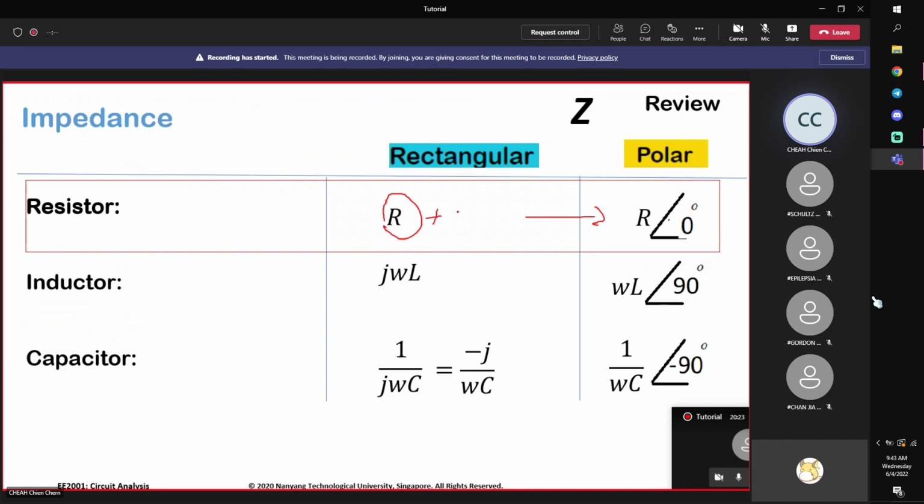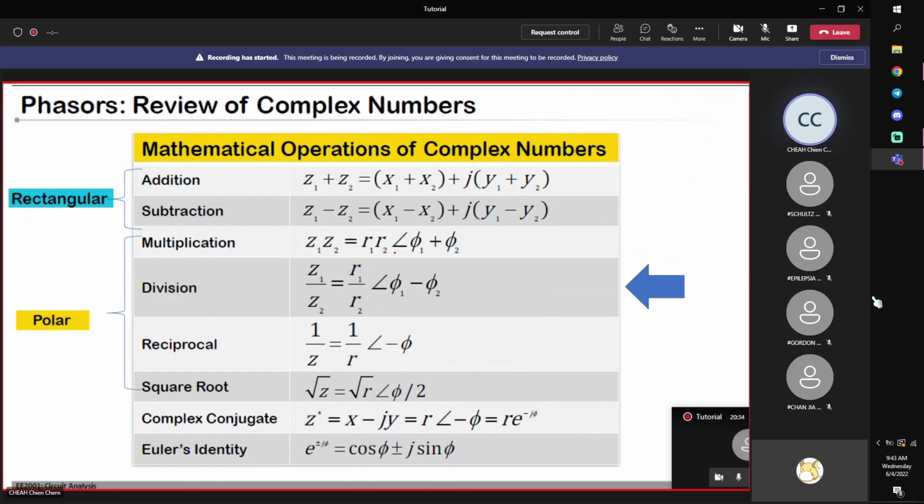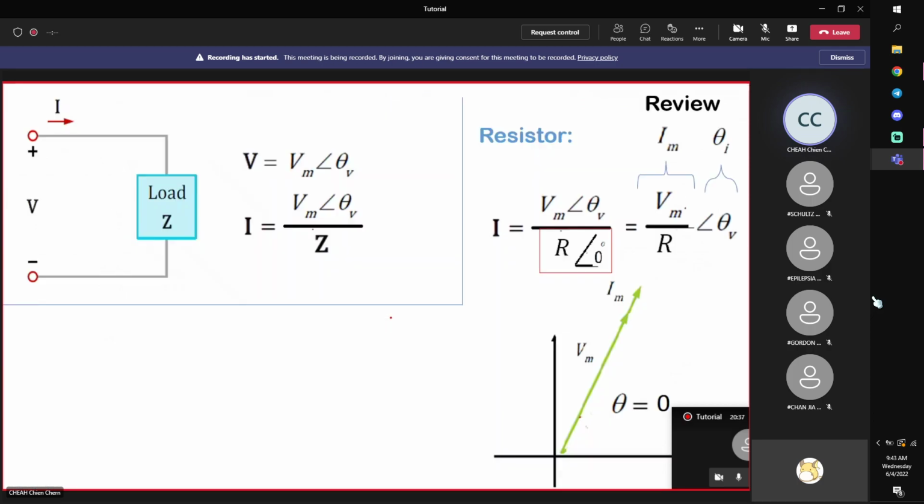Rectangular form here means that there's no imaginary part. Polar form means that it aligns with your reference axis, it's real. Now, if we do this division, V angle theta V divided by R angle 0 means that the modulus is just V over R, while the angle is theta V minus 0, which is theta V.